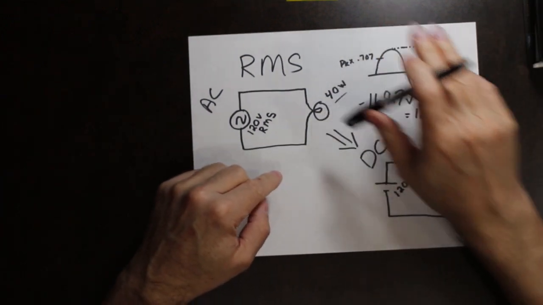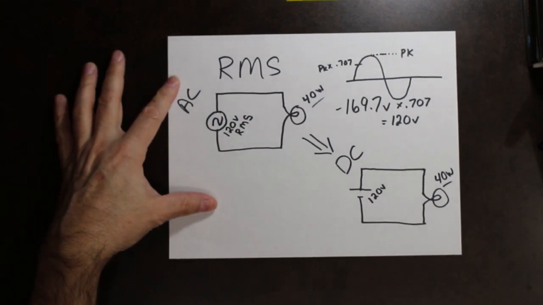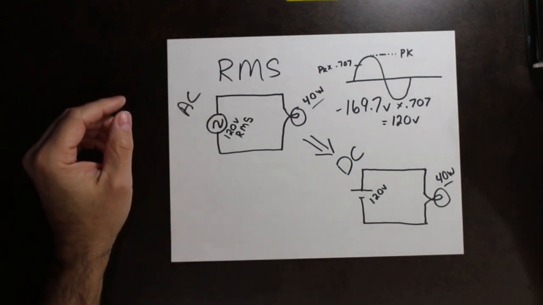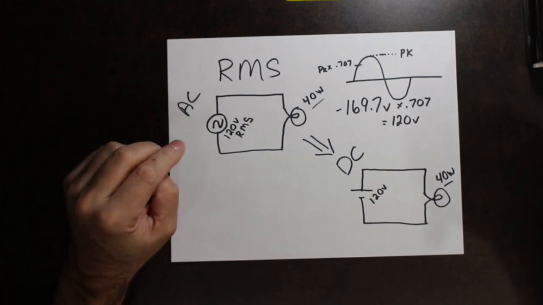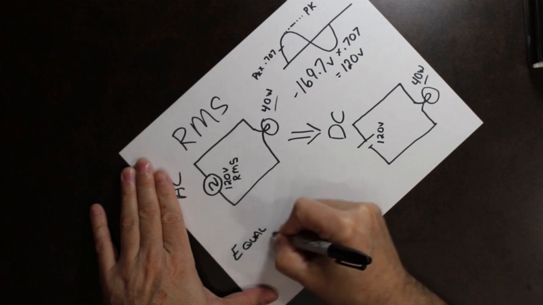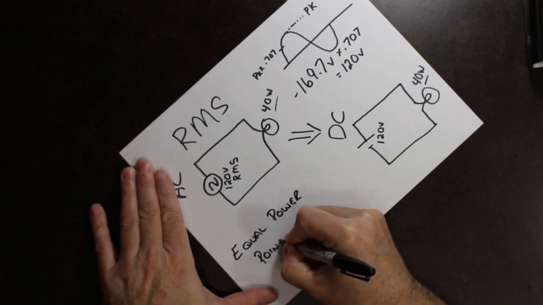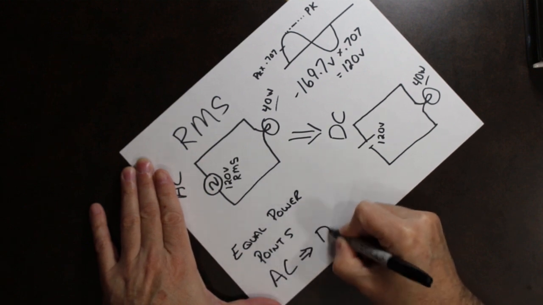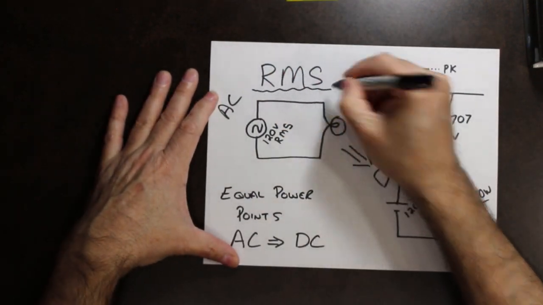So that means light bulbs will give off the same brilliance. Resistors will give off the same heat. So it has to do with power. Equal power points between AC and DC. That's what RMS is.